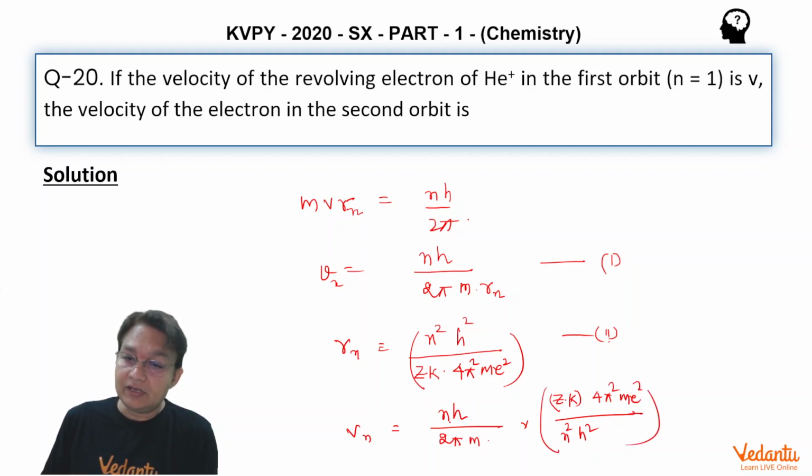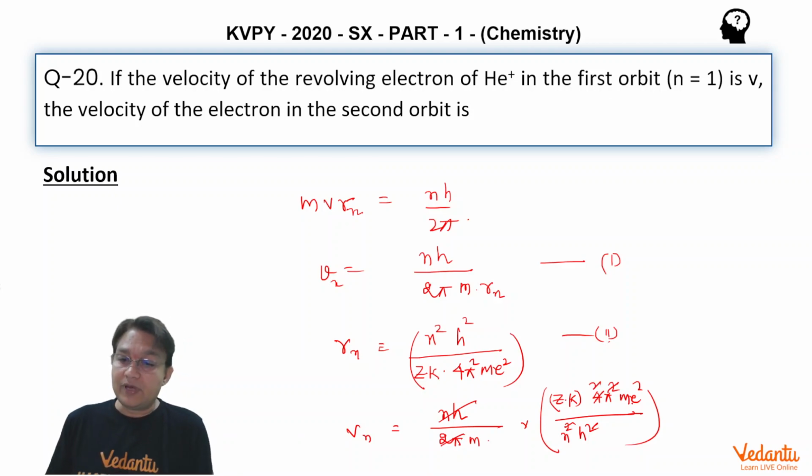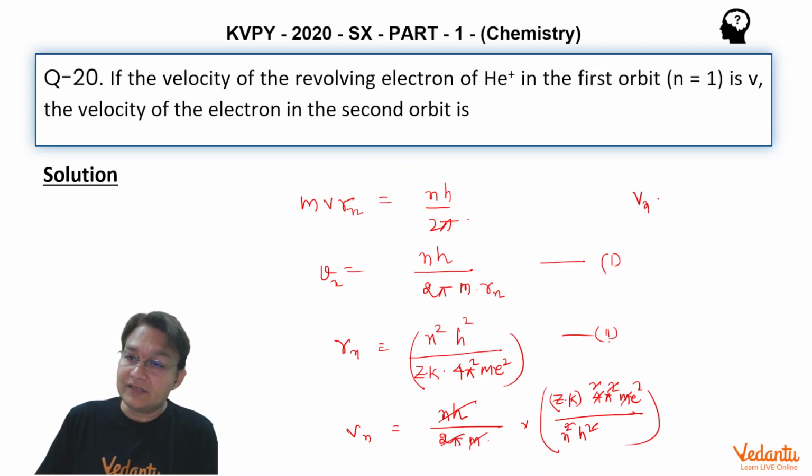If you solve it, 2 pi gets cancelled, and m also gets cancelled with m. So obviously we have the expression Vn equals ZK 2 pi e square upon nh.